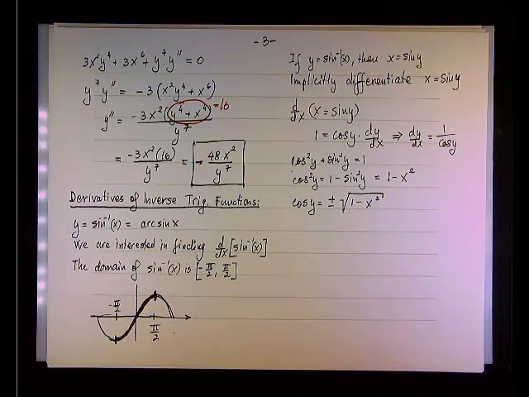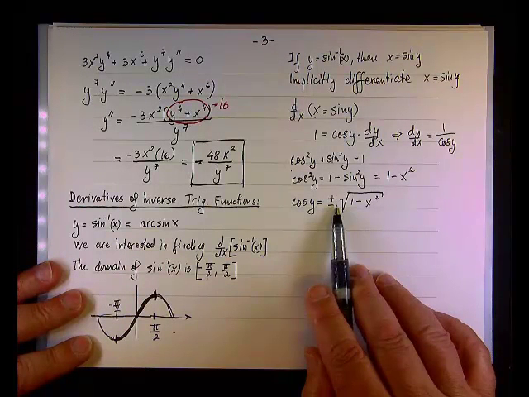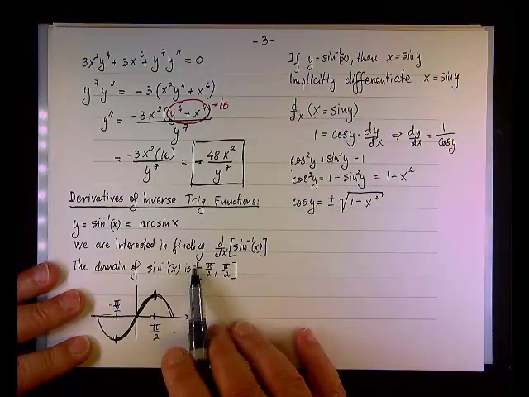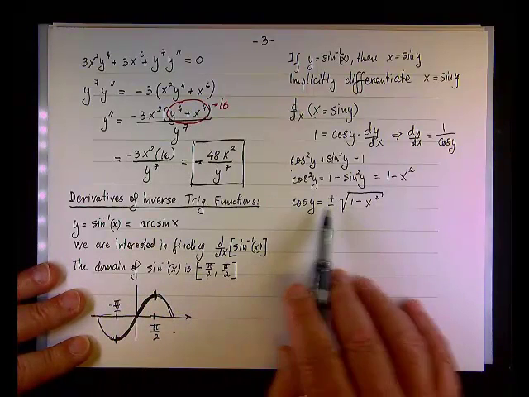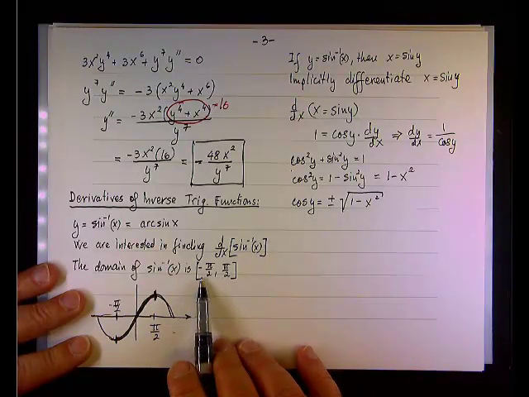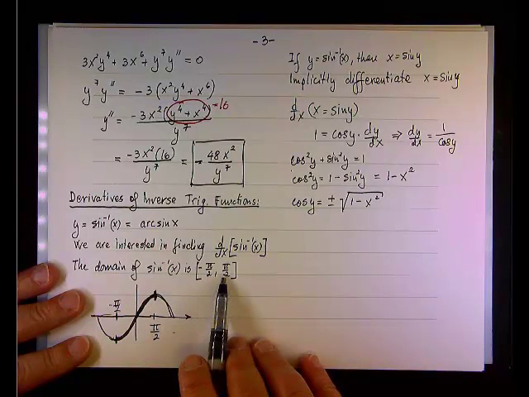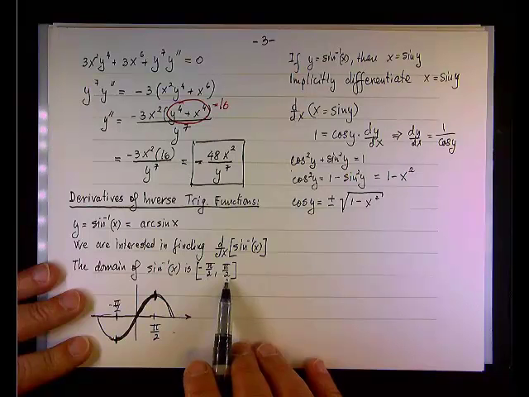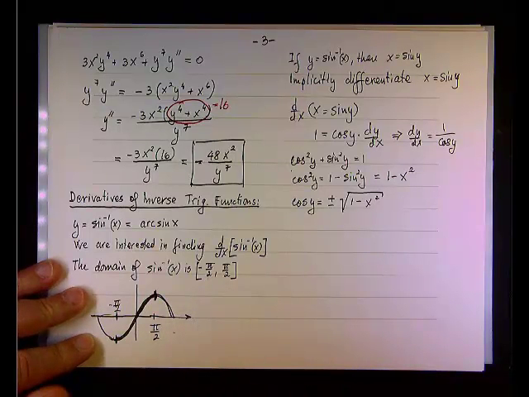I have two values. Now this goes against the idea of inverse of a function, right? The function, one input, you have one output. The inverse is to be a function as well. So we cannot have two values. We go back to the restriction of the domain. Okay? If the domain is negative pi over 2 to pi over 2, the cosine cannot be negative.